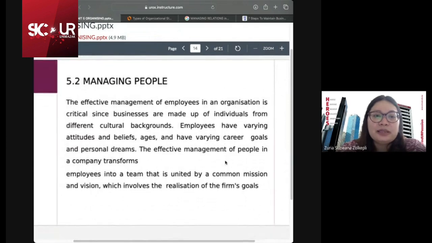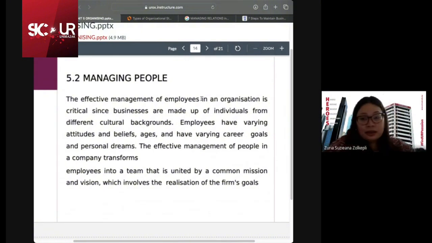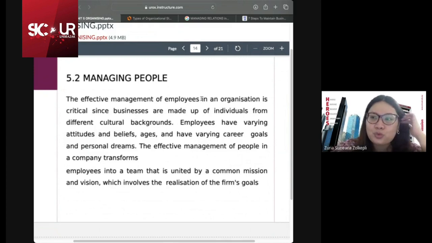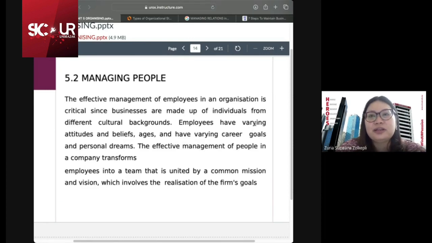So managing people is about managing employees in your workplace. This is a part of organizing as well, where you determine how to make sure that your employees work together, because like you read here, they have various attitudes, beliefs, ages, different attitudes, and so on.